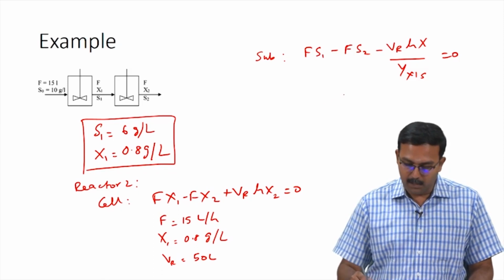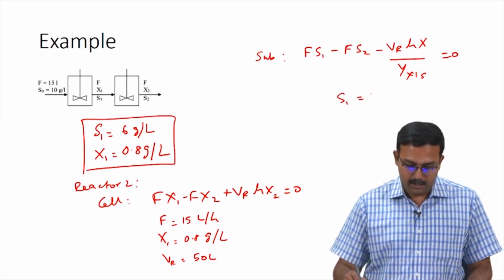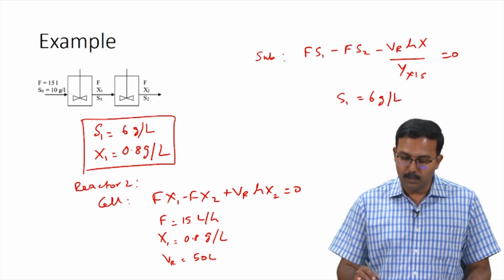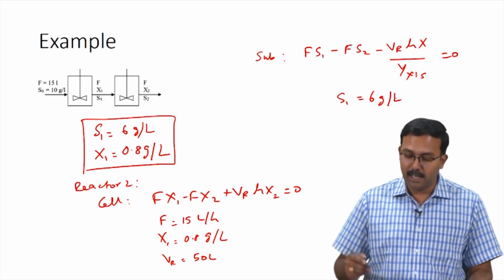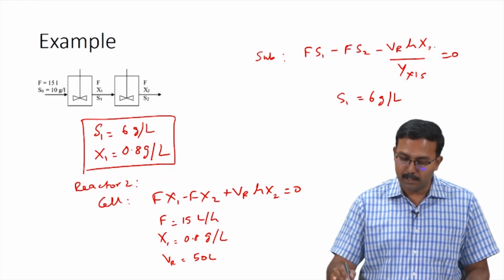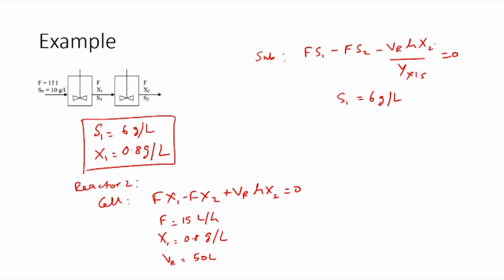Here again we have already calculated S1 as 6 grams per liter. F and Vr have been given to us, and again this would be x2. So, we again have two unknown variables. Yxs is known to be 0.2 grams per gram.